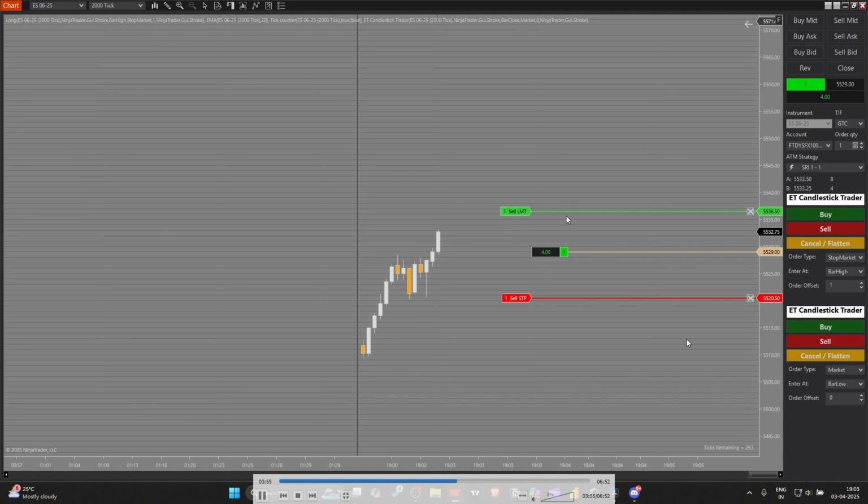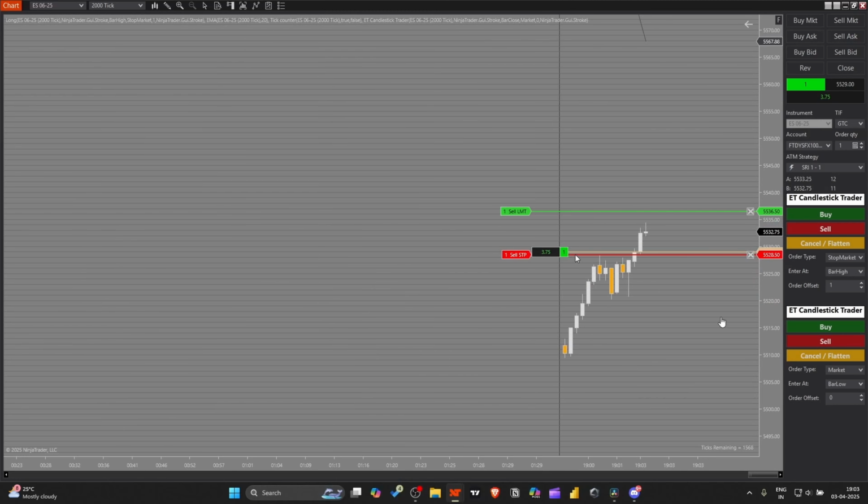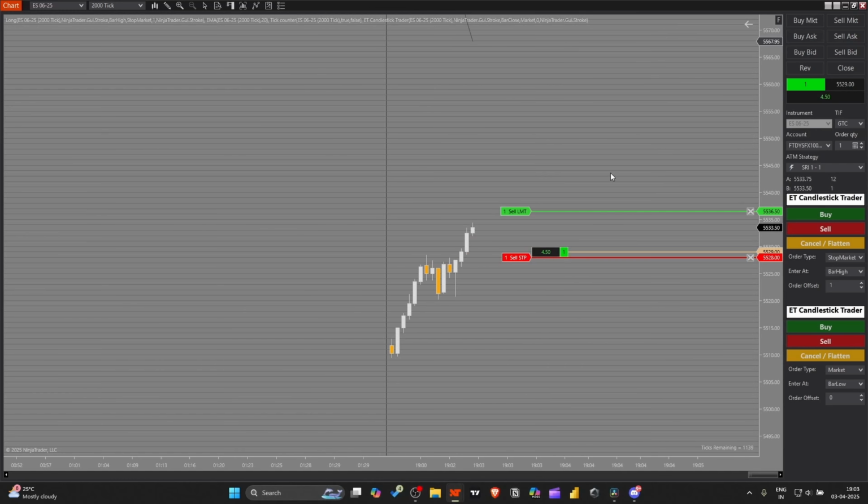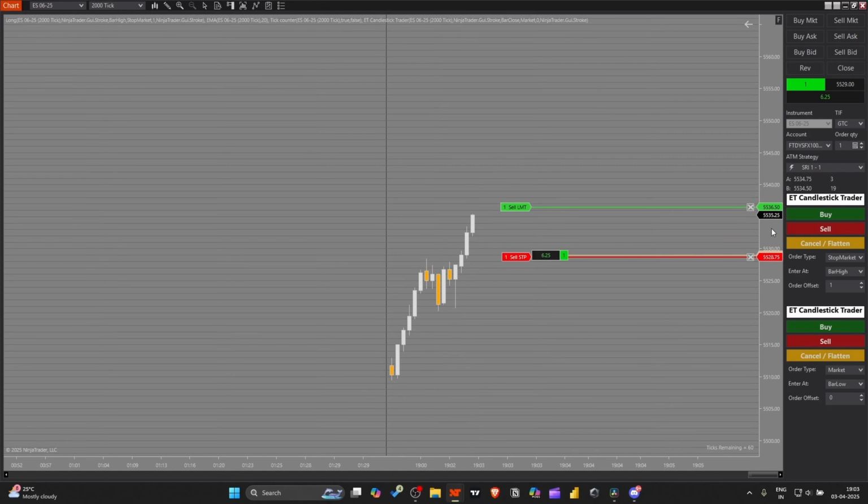It depends. Once it went beyond 5 points, I wanted to move it to break even. Why break even? Because usually my profit target is 5 points if I'm scalping, or 10 points if I'm swinging.